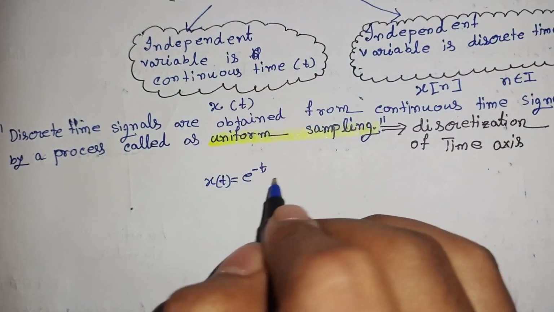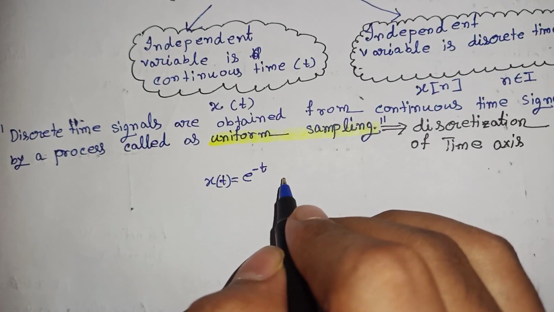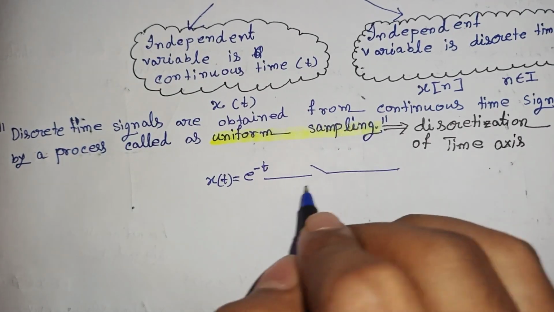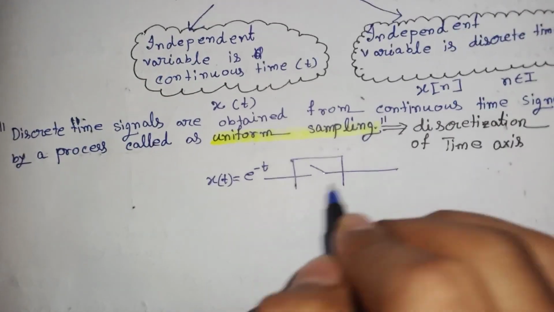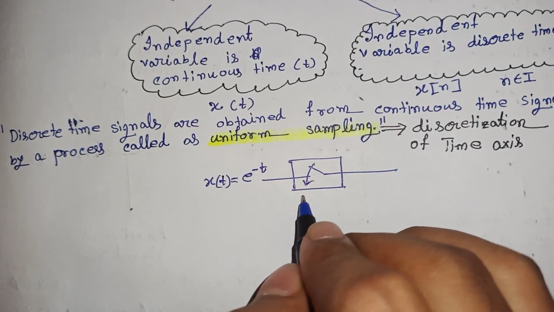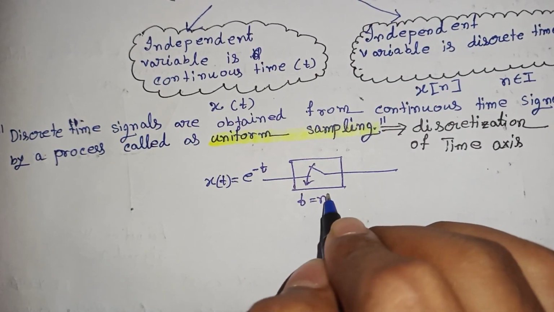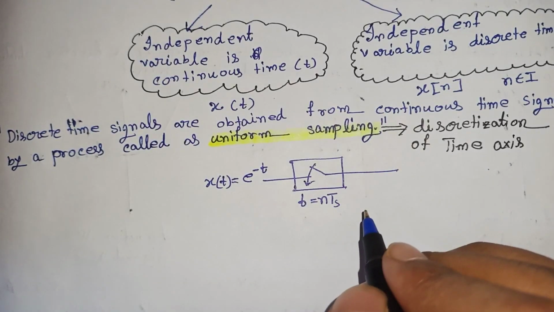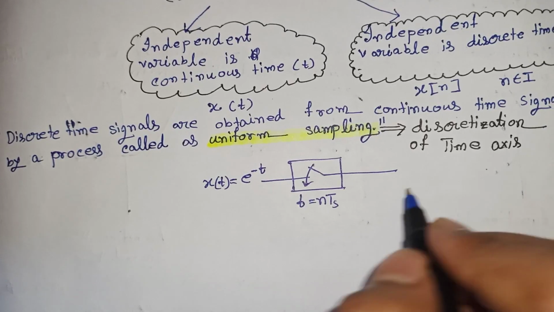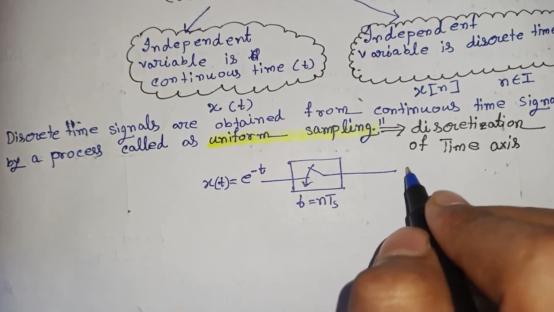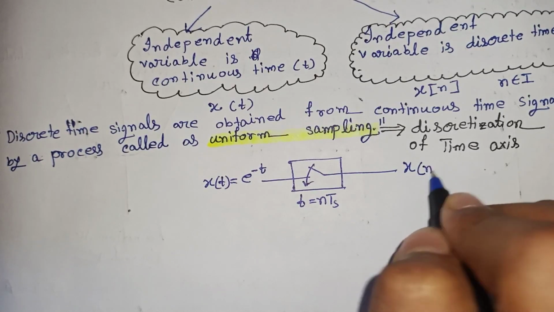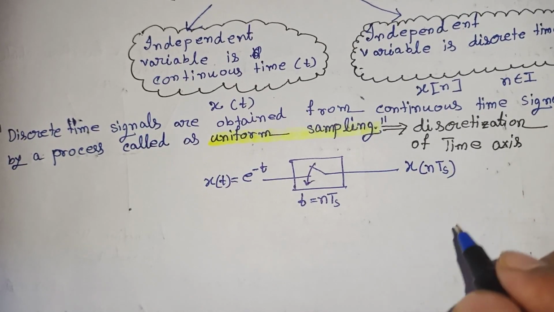We have a signal x of t equals to e to the power minus t. Now if we have a switch which is closed at t equals to nTs, means every integer Ts, so the discrete signal will be x of nTs.